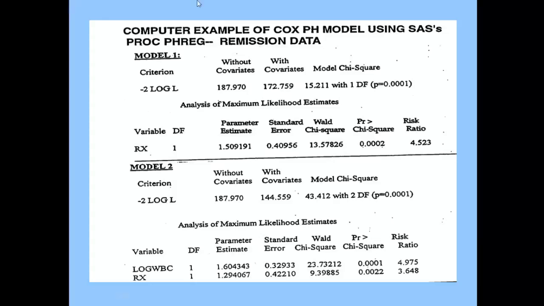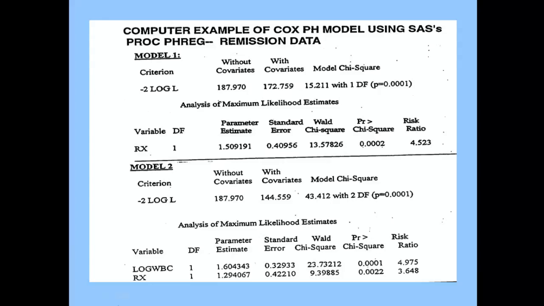So it has a coefficient estimate for log white blood cell count and a coefficient estimate for the treatment variable. And treatment is a 0-1 variable. You're either exposed or unexposed. What did we do for logistic regression to get the odds ratio? What did we do? e to the beta, right? e to the beta. What do we do if it's survival analysis? e to the beta. It's the same formula.